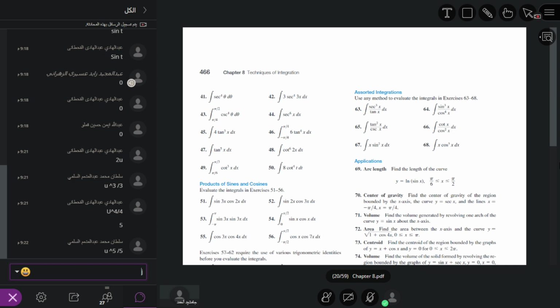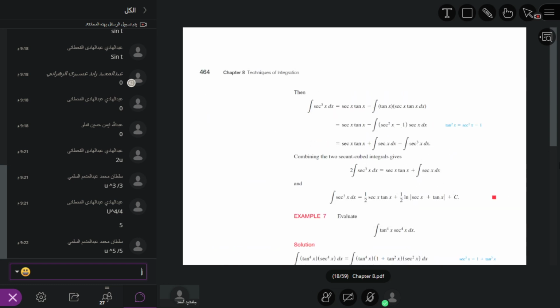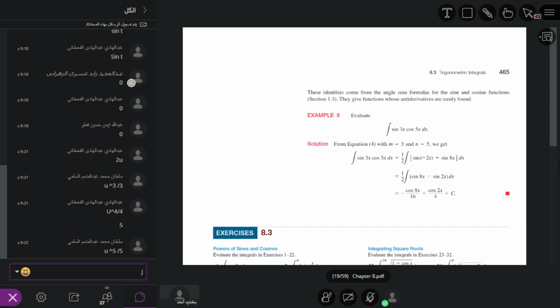What is question number 55? You can see we have cosine 3x, cosine 4x. So if we have cosine mx, cosine nx, which formula will we use? It is equal to half of cosine (m minus n) x plus cosine (m plus n) x.